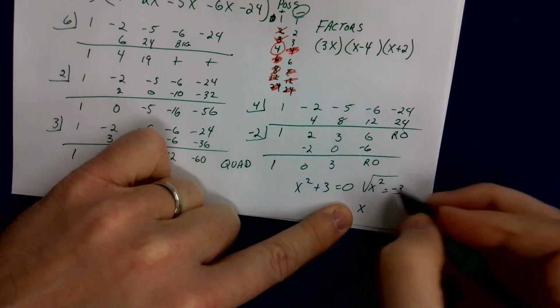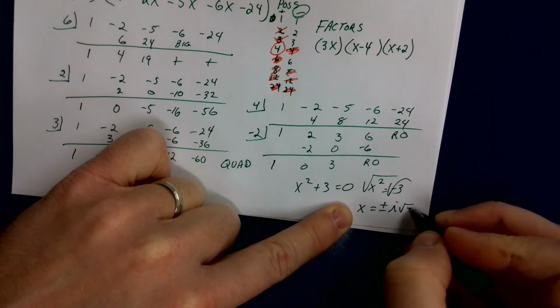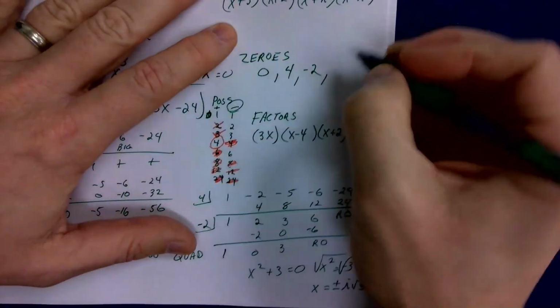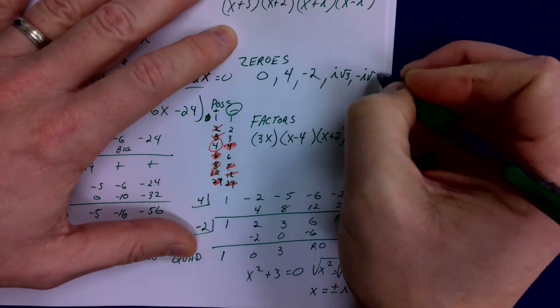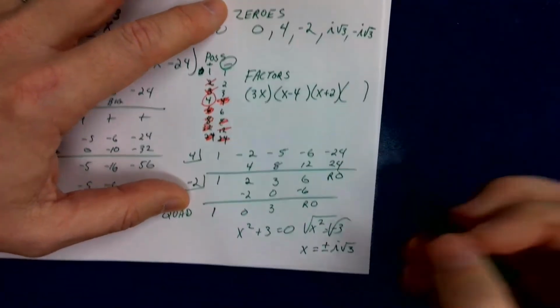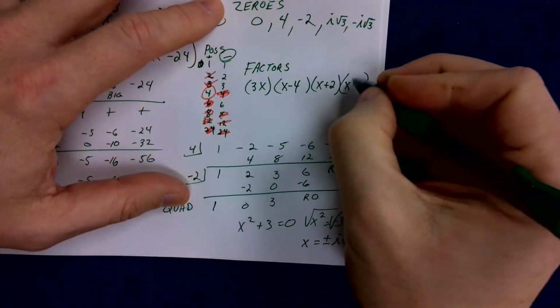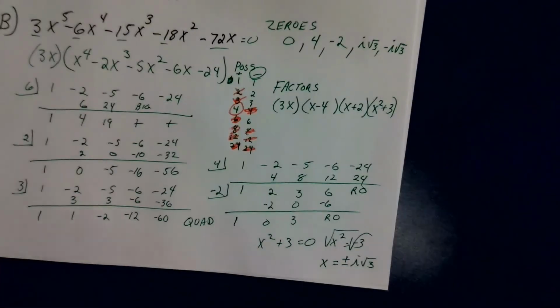Square root both sides, right? X equals plus or minus i root 3. So i root 3 and negative i root 3, and my other factor I can leave in that quadratic form, x squared plus 3. Is that good?